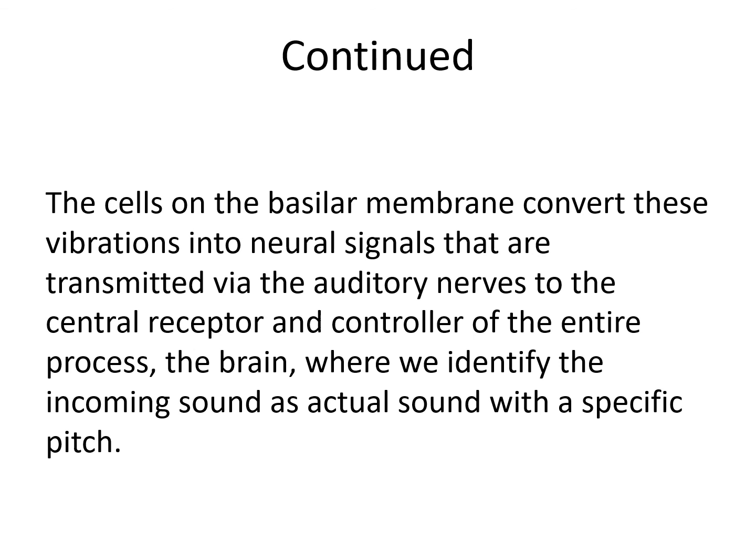So the cells on the basilar membrane convert these vibrations to neural signals that are transmitted via the auditory nerves to the central receptors, the controller of the entire process, the brain, where we identify the incoming sound and its specific pitch.